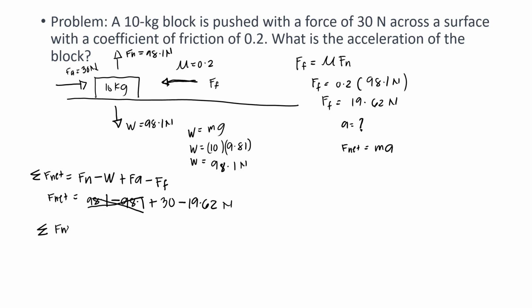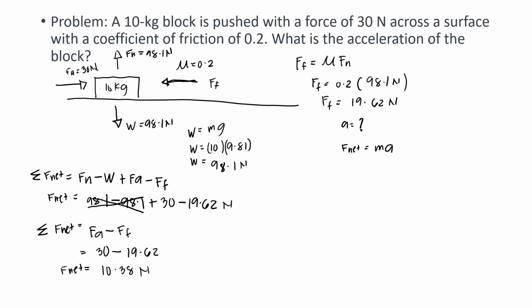We can simply add the two horizontal forces, the force acting on the block, which is FA, and the frictional force, to simplify our computation of the net force. So FA minus frictional force, that is easier, guys. The weight and normal force cancel anyway. FA is 30 while the frictional force is 19.62. In solving that, we get the net force, which is 10.38 newtons.